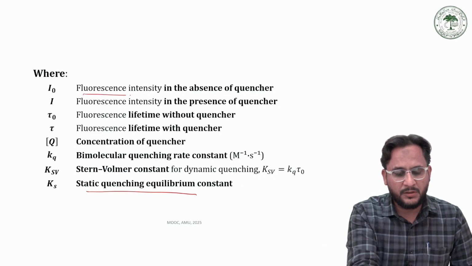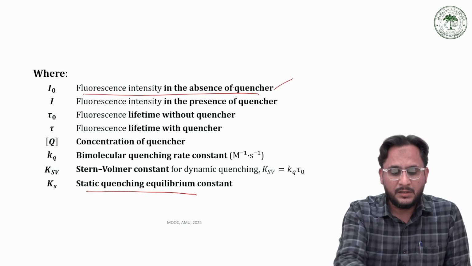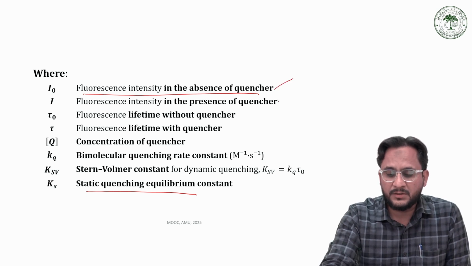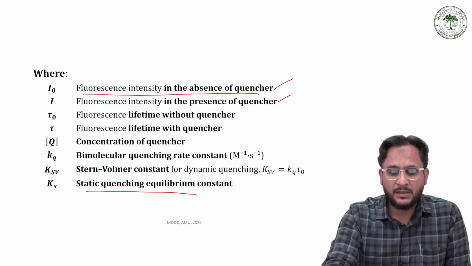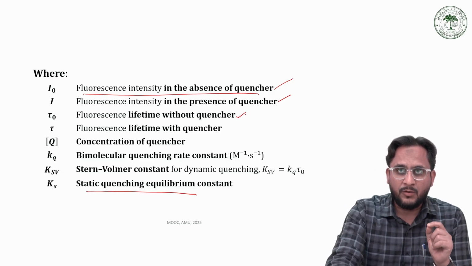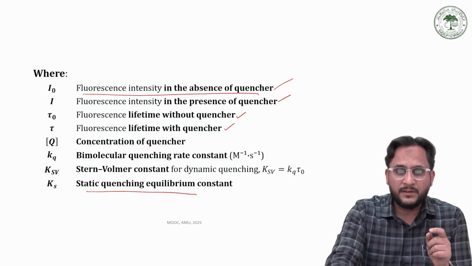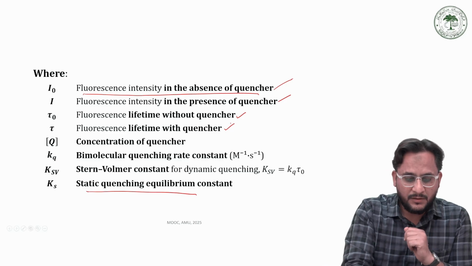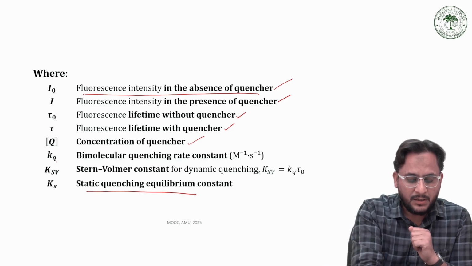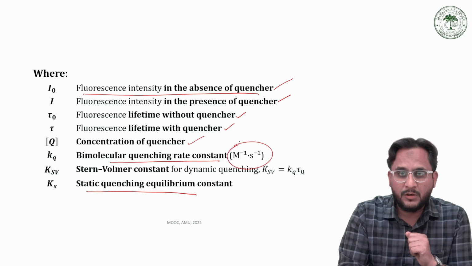So these are the explanations of these terms. I naught is the fluorescence intensity in absence of quencher, and I is the fluorescence intensity in presence of quencher. Tau naught is the fluorescence lifetime without a quencher, meaning for how long the light is being emitted. Tau is the fluorescence lifetime in presence of quencher. Q is the concentration of quencher, and Kq is the bimolecular quenching rate constant, in molar inverse second inverse.